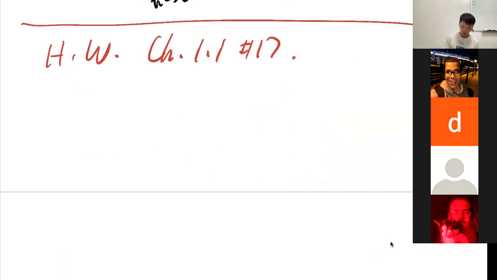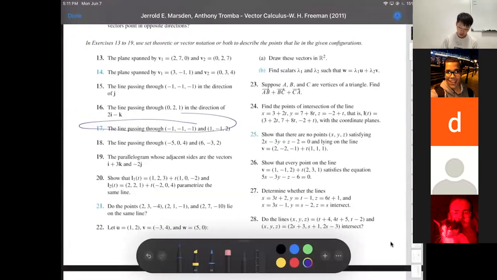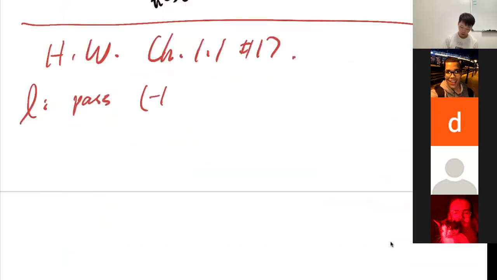So you want the line to pass through the points (-1, -1, -1) and (1, -1, 2). Right.